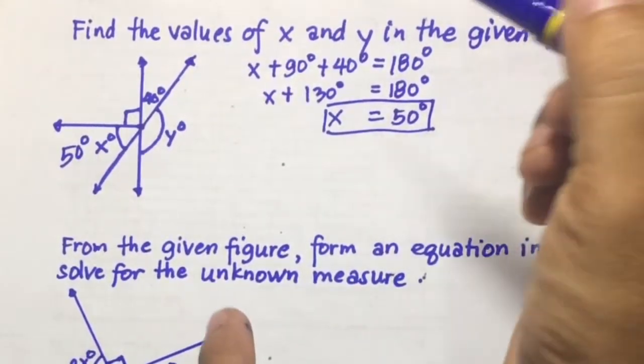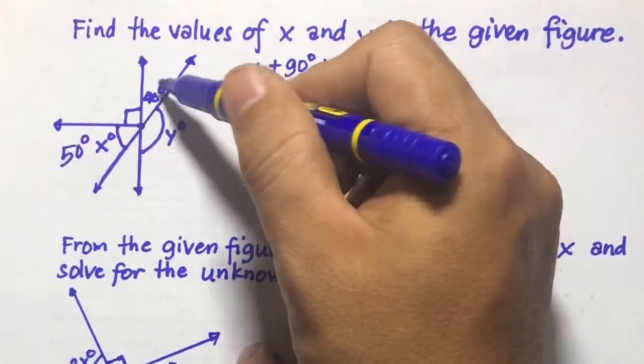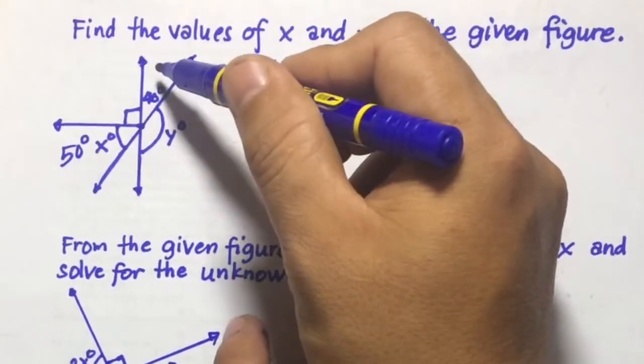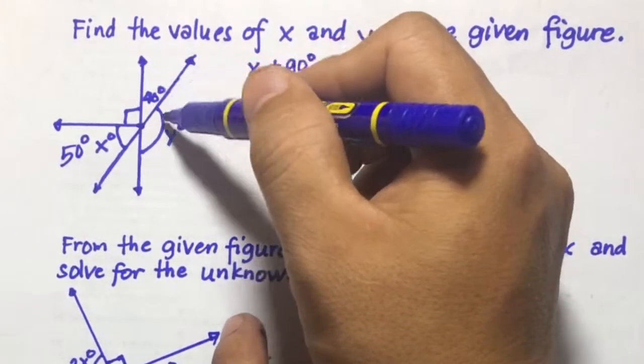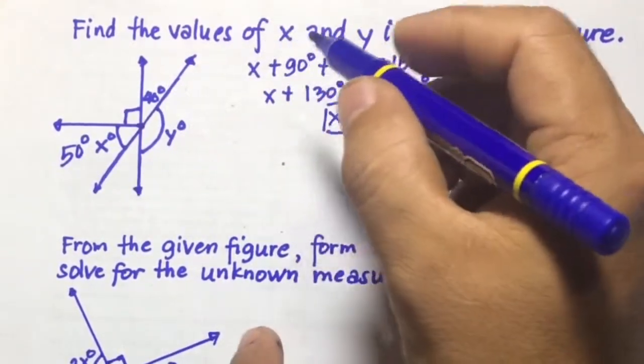Now to find y, these two angles here, 40 degrees and y degrees, also form a linear pair. Therefore, we can have their sum as 180 degrees.